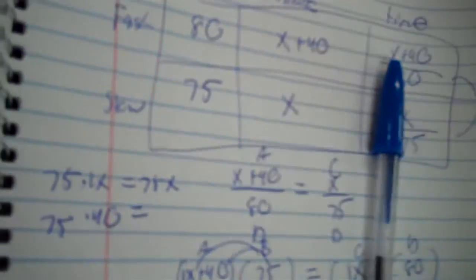Okay, I'm going to distribute here. The 75 is all by itself. So I'm going to take it times 1x and then times 40. 75 times 1x is 75x. 75 times 40 is 3,000.